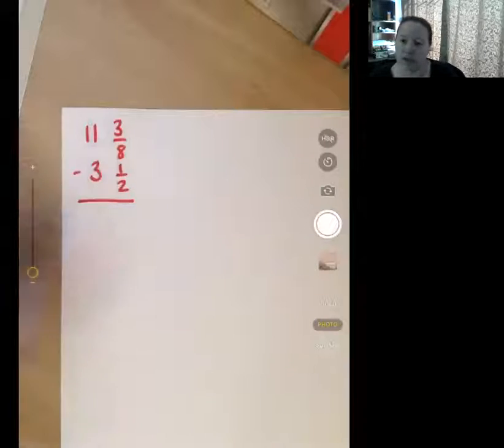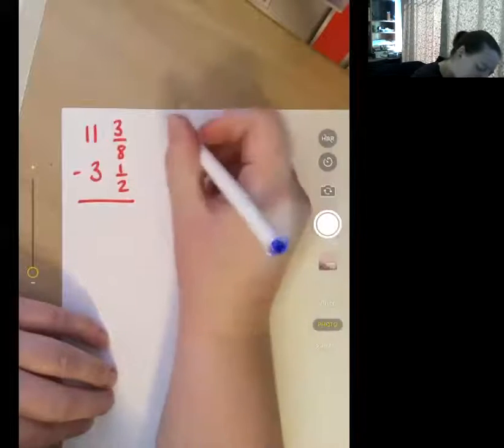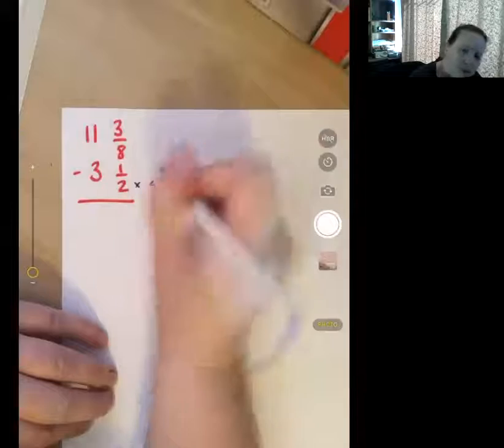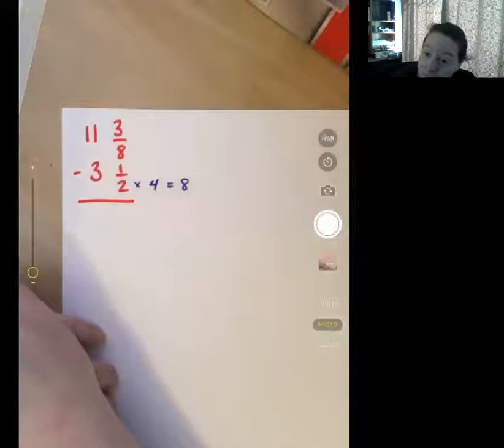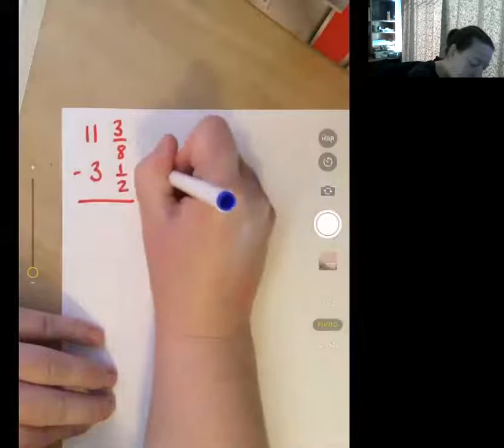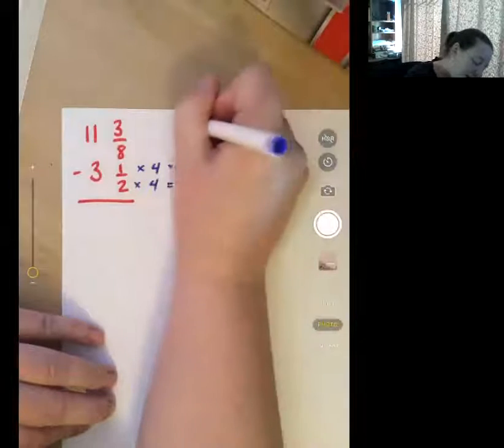I can make the 2 into an 8. So what did I do to the 2 to make it an 8? I multiplied it by 4. Whatever I do to the bottom, I have to do to the top. So I multiply that by 4. And I end up with 4/8.